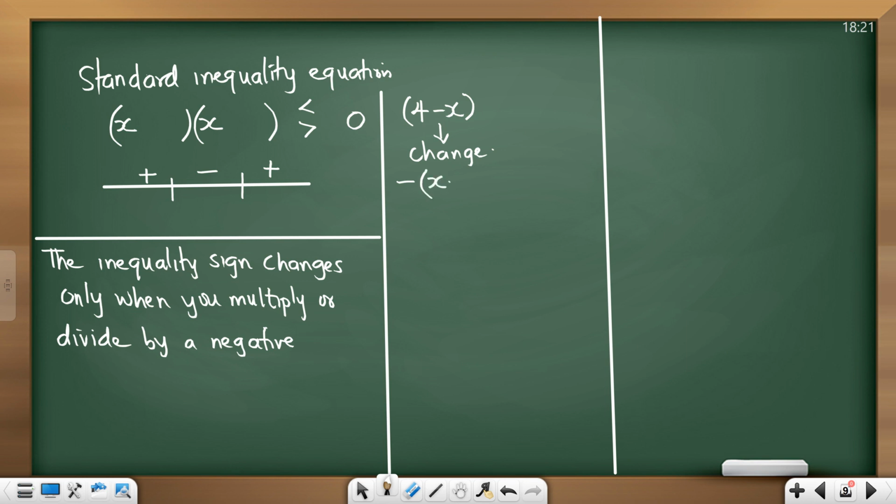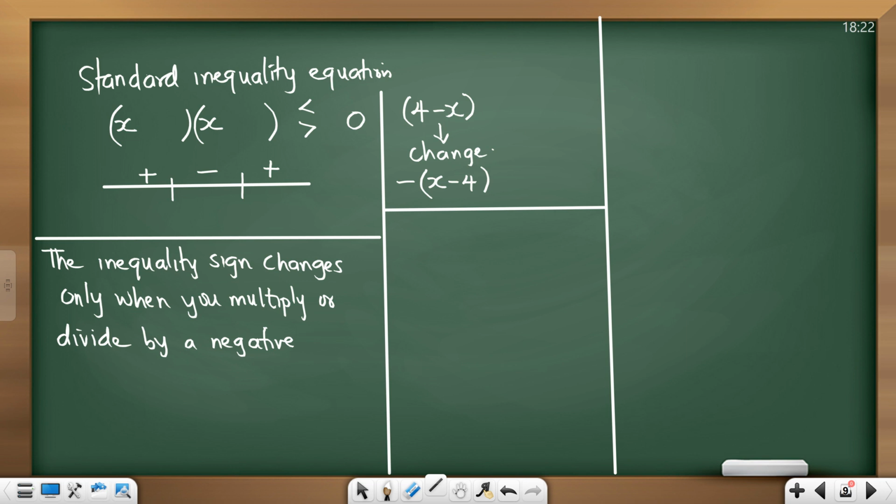Now I'll switch the numbers so that I get back to my standard. That's my point number 3. Please hear me well. If x is on the other side, I'm not saying you cannot solve, but I'm trying to simplify things for you. Make sure your bracket starts with a positive x. That's standard.